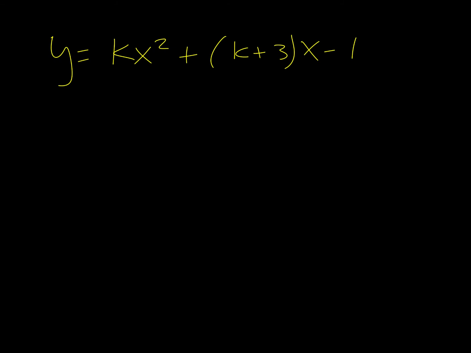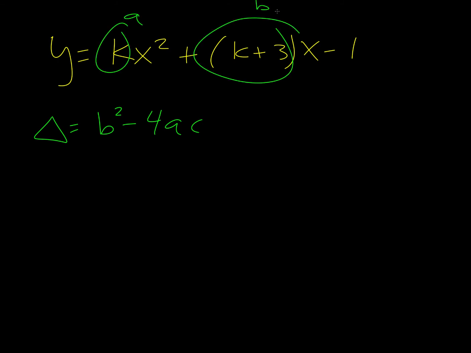And so what we're going to do is just pull out our a, b, and c, and then end up using our discriminant. So the discriminant, once again, is b squared minus 4ac. And our a is right there, our b is right there, and that's our c.